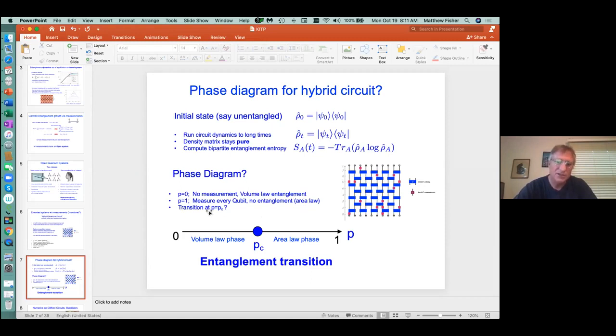So one can ask, is there a transition at some finite value of P_C? In particular, we're asking about the phase diagram where this measurement frequency runs from 0 to 1, and we're anticipating a P_C which separates a volume law phase at low measurement frequency from an area law phase at high measurement frequency. And it's this entanglement transition that I want to focus on now.